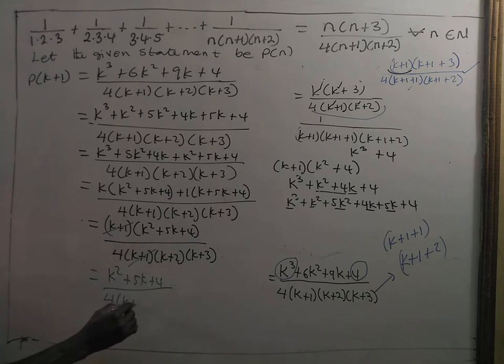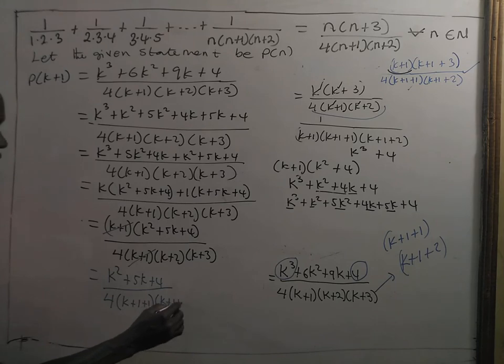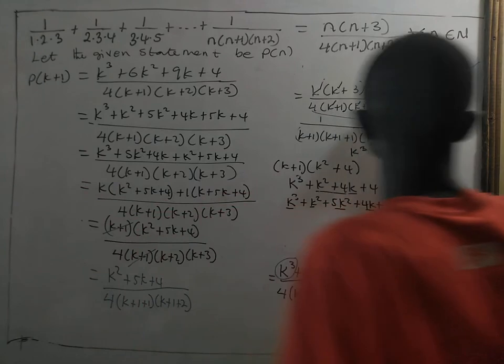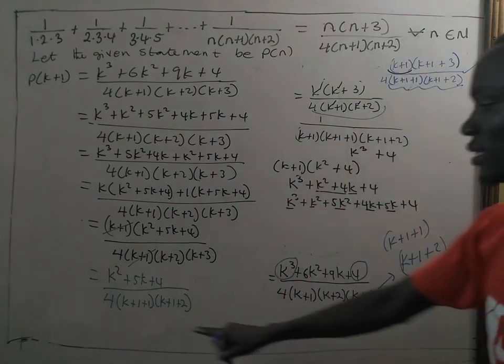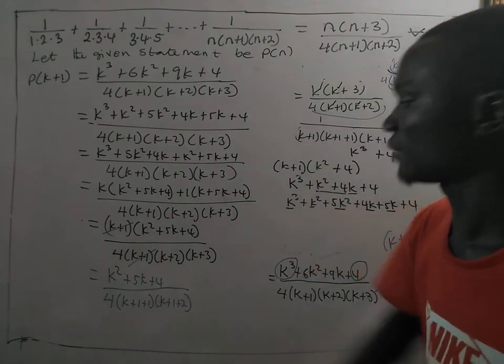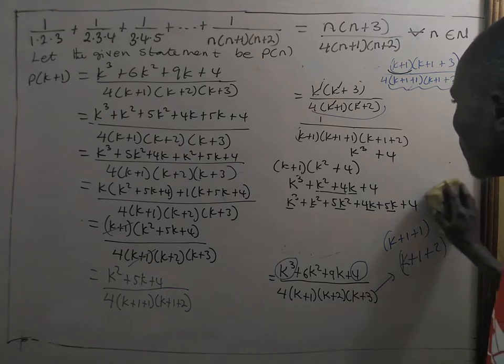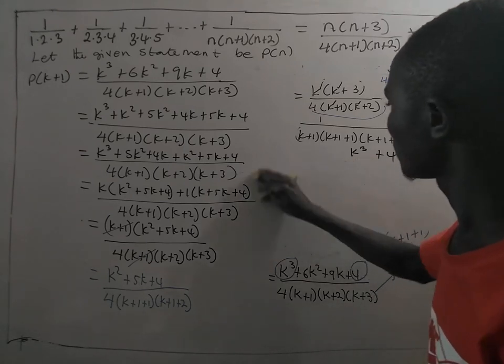We have k plus 1 times k plus 1 plus 2. So I think for the down one, we've gotten it. It has left the top. And here the top is a quadratic equation which factorizes. So we can factorize it or we can still use intuition. But let us move with that.